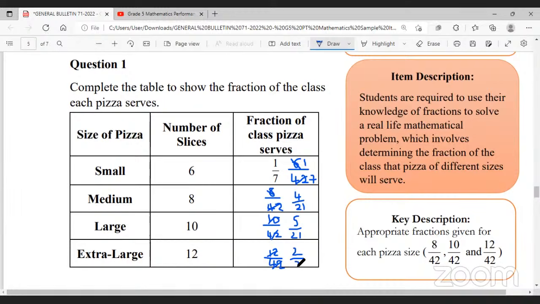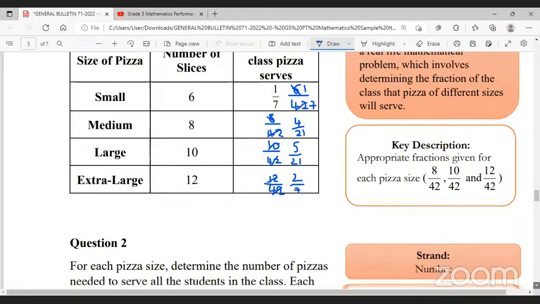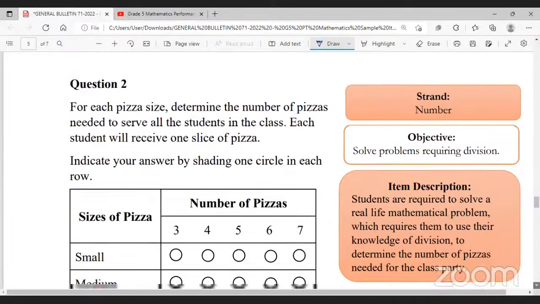So I can have 2 over 7 here. And that's it basically. As I said, as they are before, with the 8 over 42, 10 over 42, 12 over 42, they are correct. I just did a further reduction. All right. So now let's move on to question number 2.